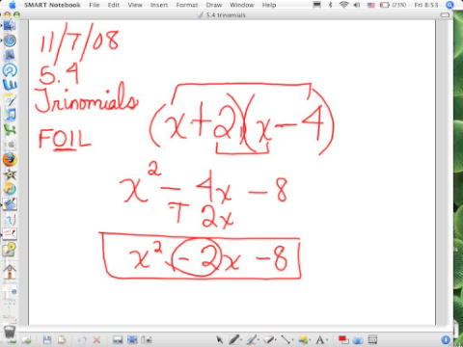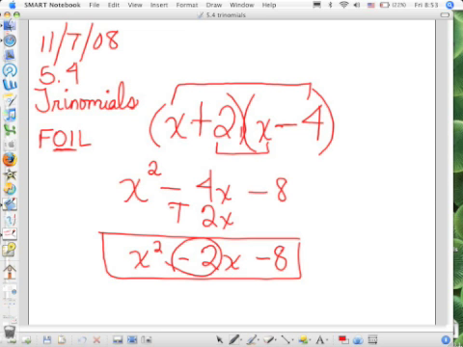Now, let's also look very carefully. When I multiplied and got a negative product, what does that mean about the two numbers being multiplied? One's positive and one's negative. When you add a positive and a negative number, are you actually adding or are you really subtracting them?